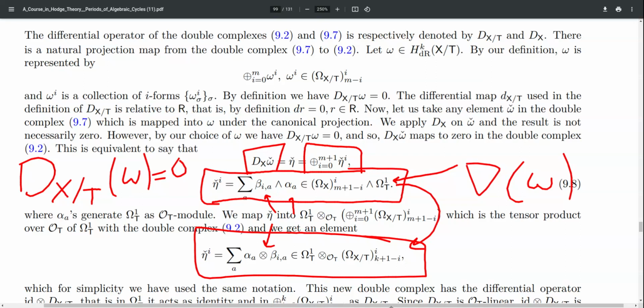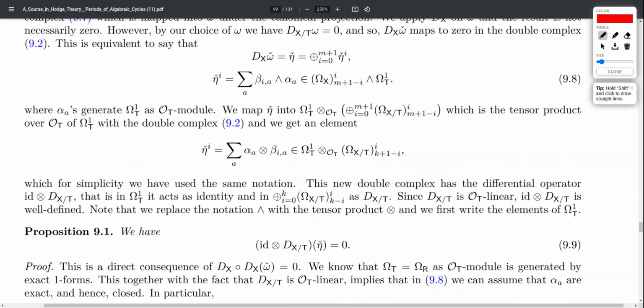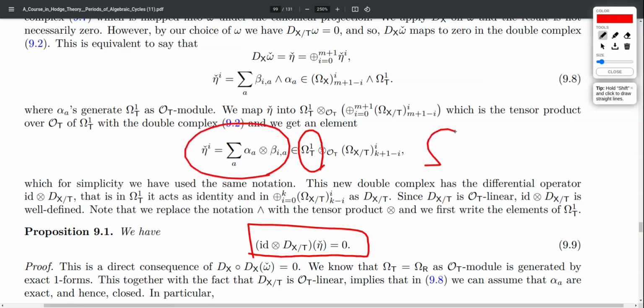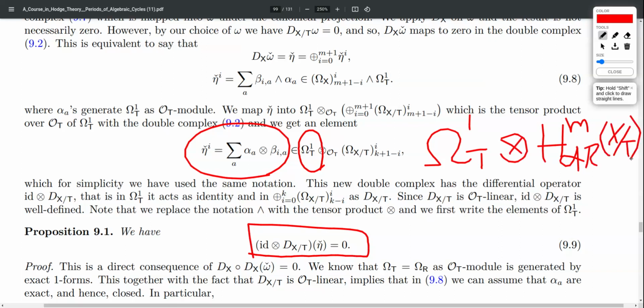For this, we have to check that this happens, and remember that these new differential forms have coefficients in Omega^1_T, and in this way we can transport this into an element in Omega^1_T tensor H^m_dR(X/T).